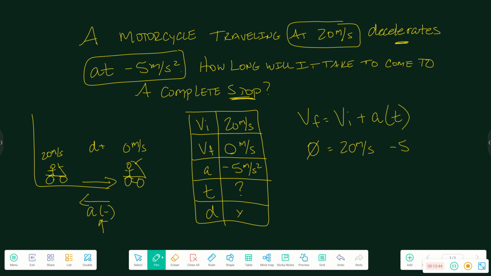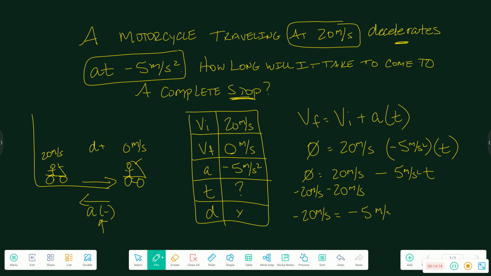Your acceleration is -5 meters per second squared times T. So now you have 0 equals 20 meters per second minus 5 meters per second squared T. So now you have to subtract 20 meters per second from both sides. And you're left with -20 meters per second equals -5 meters per second squared times T.